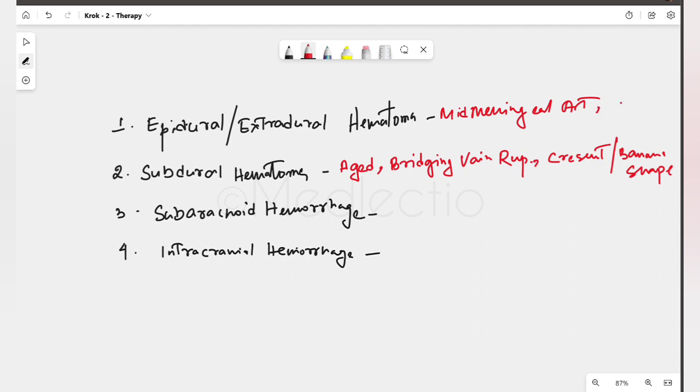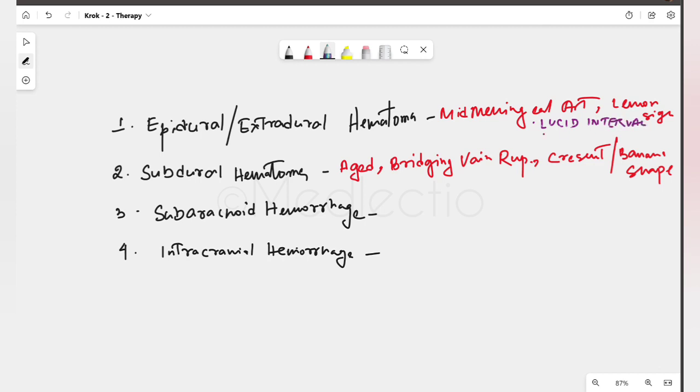We can see a lemon sign there. I will show you the lemon sign. And most important, we will get the term lucid interval.